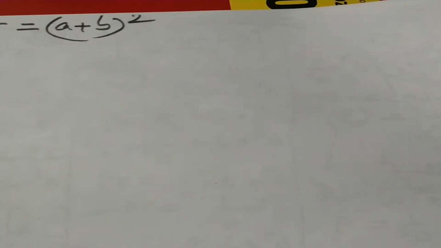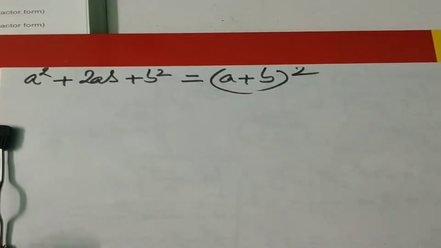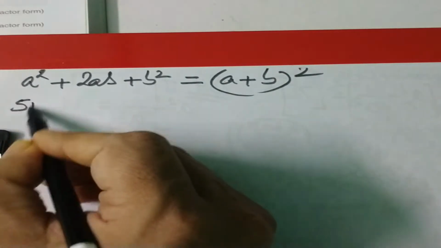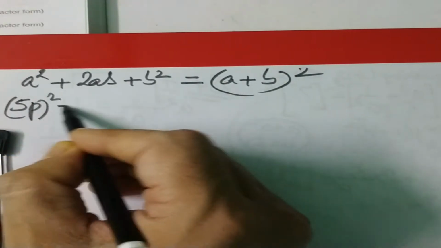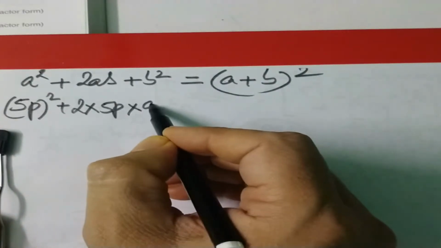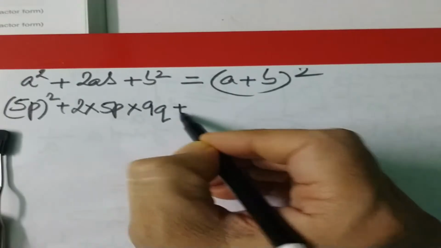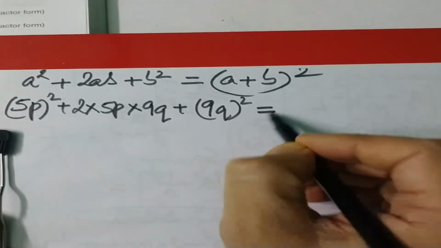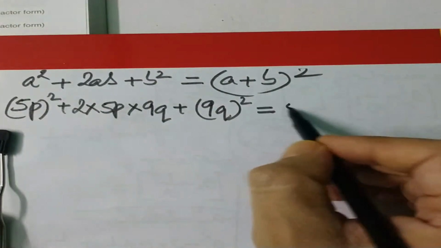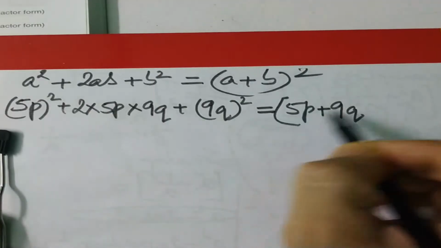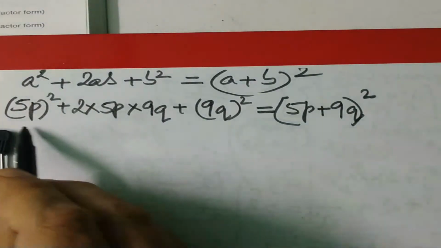So the question has been changed into a formula form, and it has become 5p square plus 2 into a into b and 9q square is equal to 5p plus 9q whole square. See this step again.